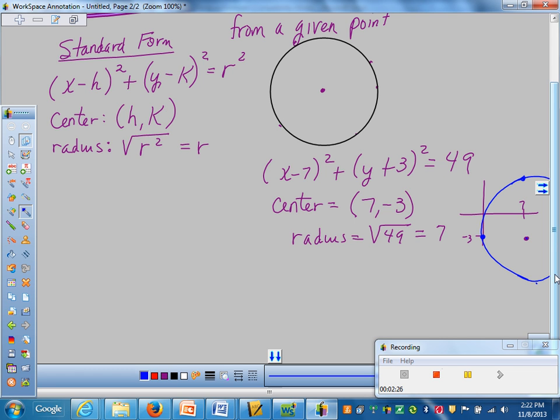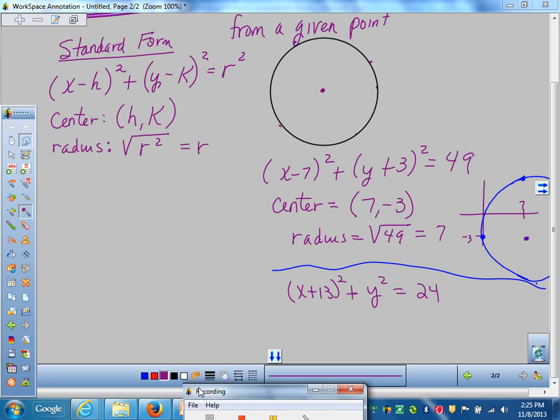One other question here, because this sometimes gets people. What if I gave you a circle like this, where it's x plus 13 squared plus just plain y squared equals 24? What do you do with it when the y doesn't have a quantity? Where would you put your center coordinate?